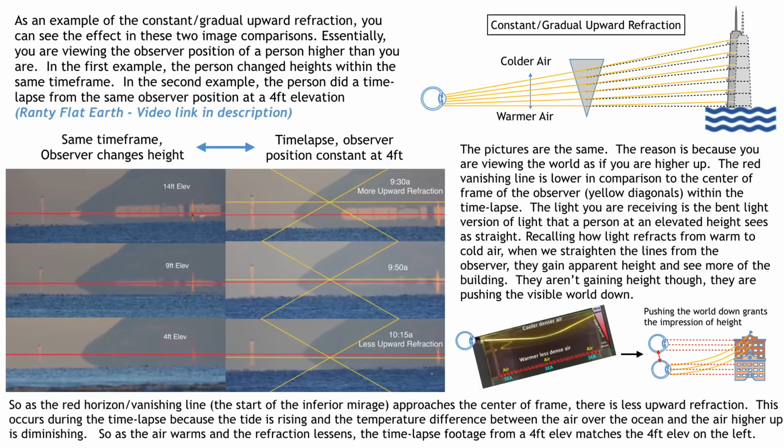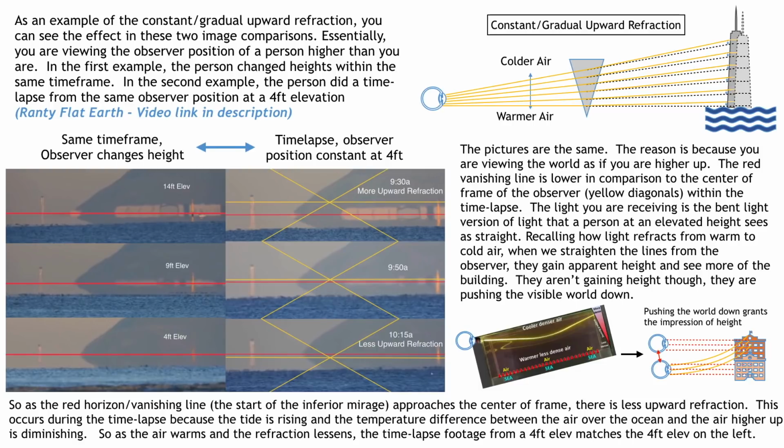So in this first example here, the person changes their height within the same time frame, which is on the left there. Same time frame, observer height changes. So within only a few minutes, this person goes from 14-foot elevation to a 9-foot to a 4-foot elevation, viewing the same object in the distance.